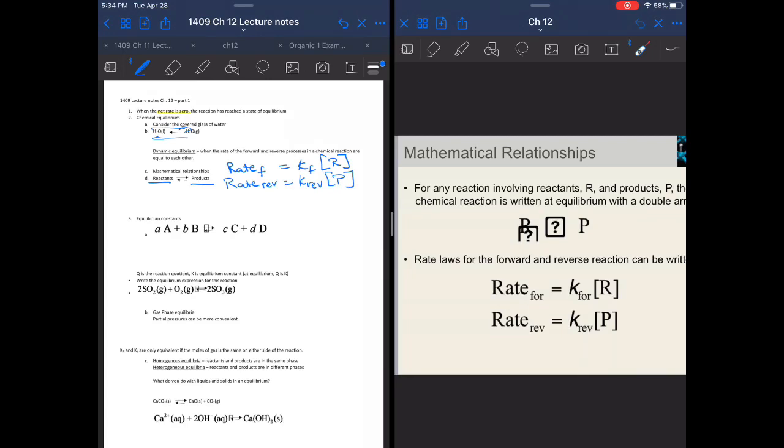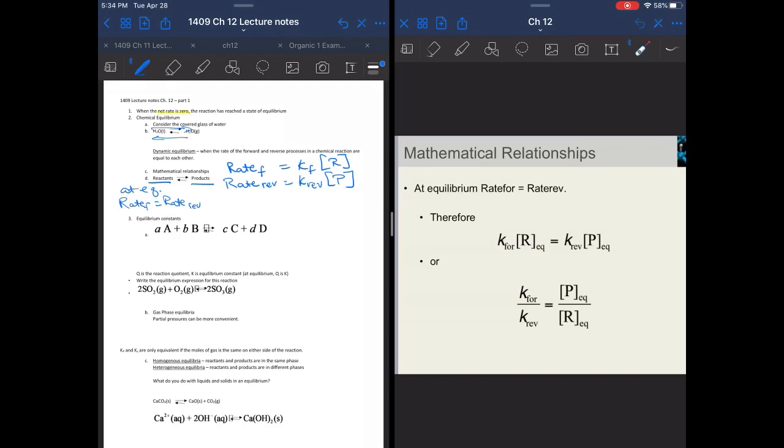Now, at equilibrium, the rate forward will equal the rate of the reverse. So we can rewrite this, we can plug in for the rates.